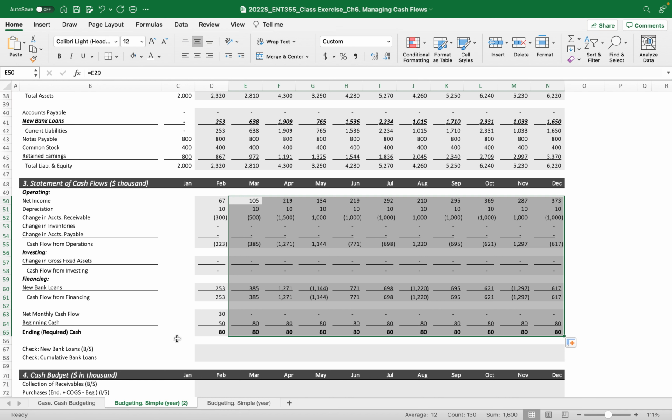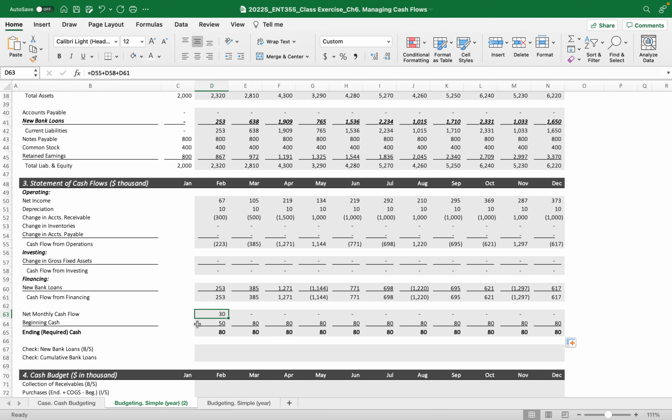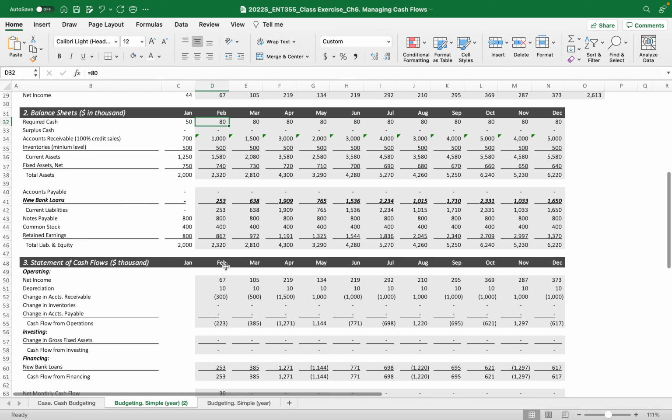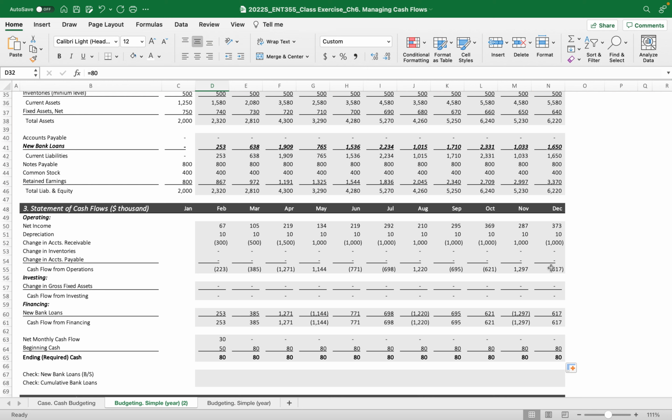Then we get the ending cash balance every month, which is the same, because the net monthly cash flow was 30. The beginning cash balance, the ending balance of the prior month, was 50. By creating 30 more cash flow, we get the ending required cash balance of 80, which is the same as the ending balance of the balance sheet as well. So we got the right amount here.